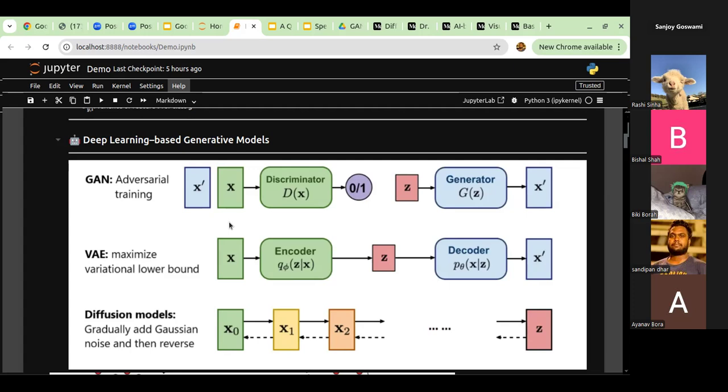It will remain your face, but the style will change. It's a style transfer technique, and GAN has been widely used for this specific task.